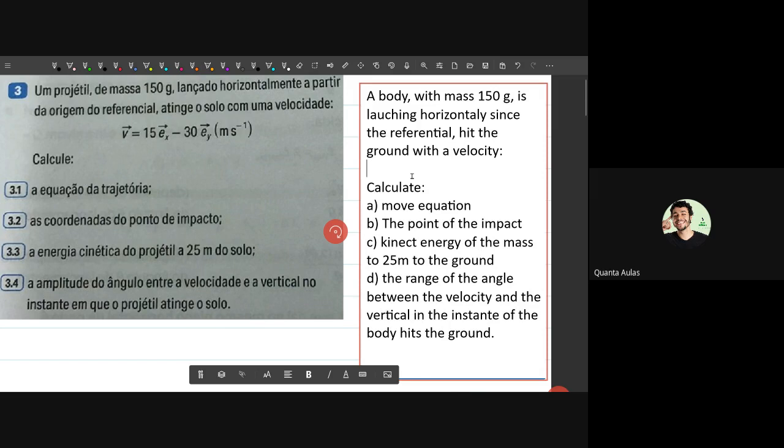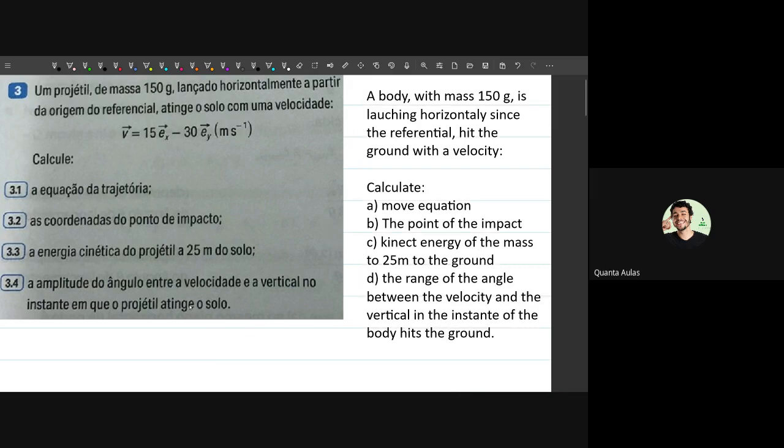Okay, very cool. The move equation. Man, this is the information about velocity.